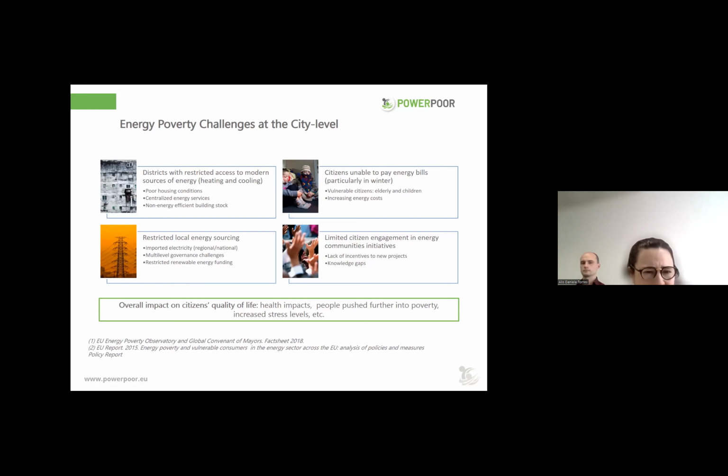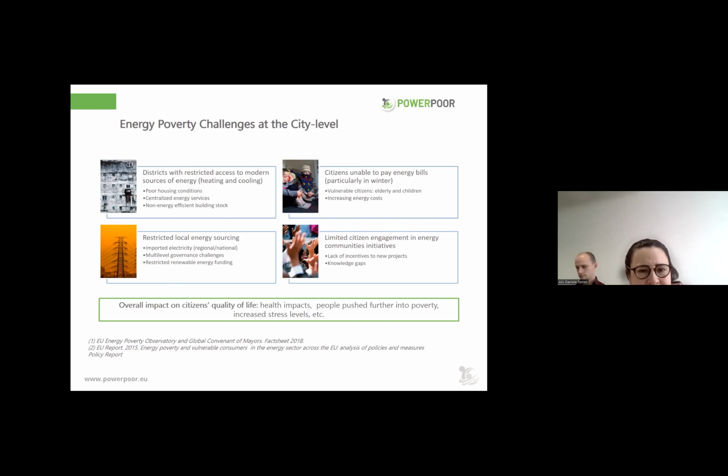We also have some cities that have restricted local energy sources. Also in some cities, we have citizens that are unable to pay energy bills, and this, as I said before, doesn't depend on the city, it depends on the neighborhood, the household, the situation.